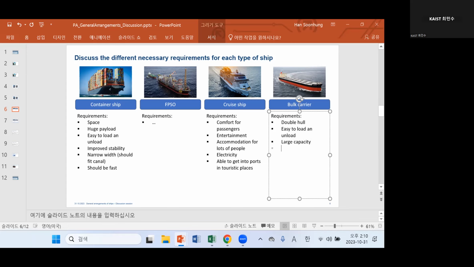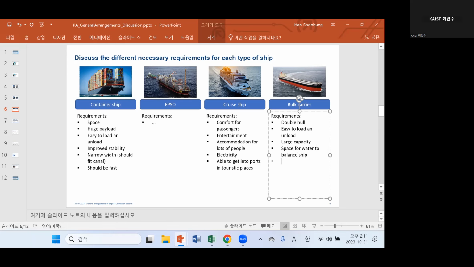I might be wrong, but on top of large capacity, when the bulk carrier doesn't ship anything, they need to put something inside. So I think they also need to load water inside, exactly the same amount of water as is required when nothing is shipped. Something like that.